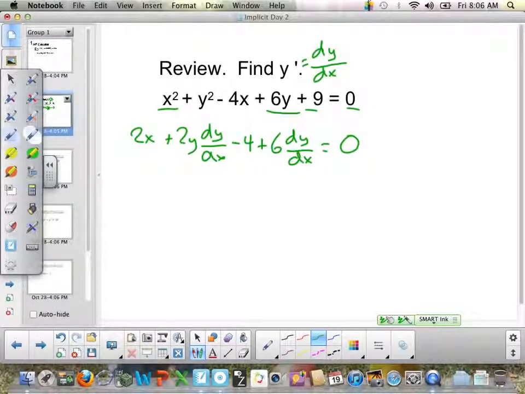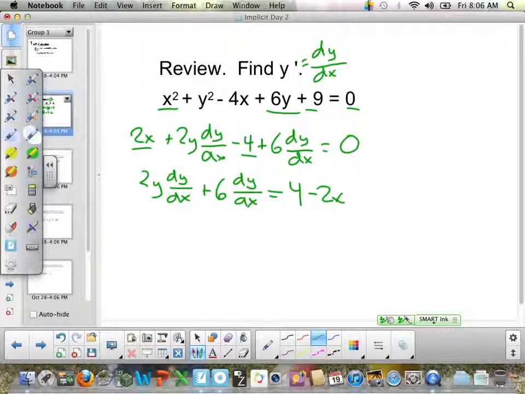From here, we want to gather all the dy dx's onto the left side. So we've got 2y dy dx plus 6 dy dx equals, we'll move the 4 over and the 2x over. So we got 2y dy dx plus 6 dy dx equals 4 minus 2x.